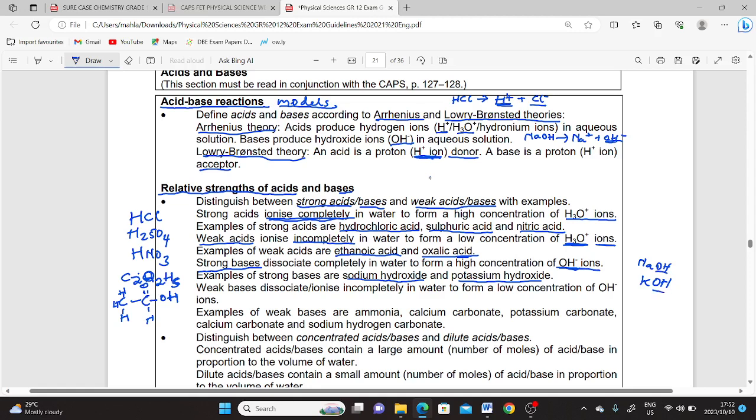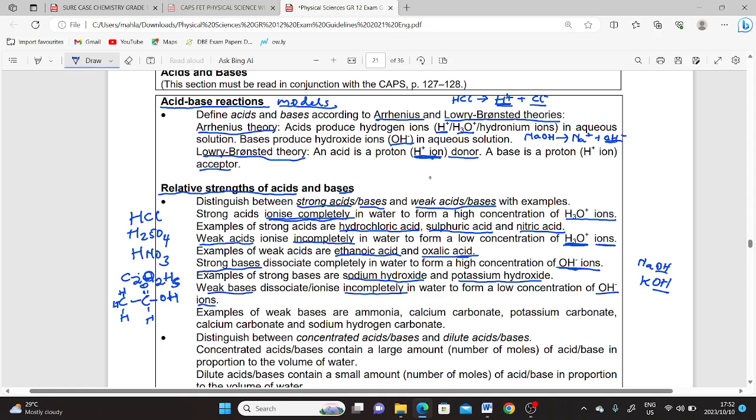OH means there is a base. Weak bases dissociate, or we can say ionize incompletely, in water to form a low concentration of OH ions.